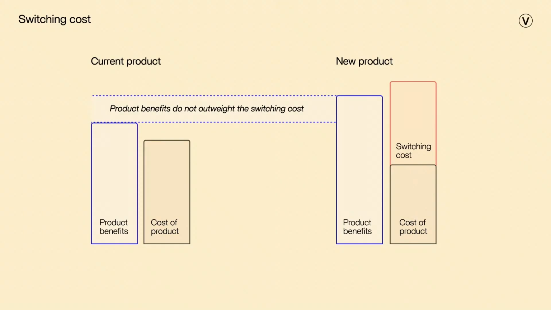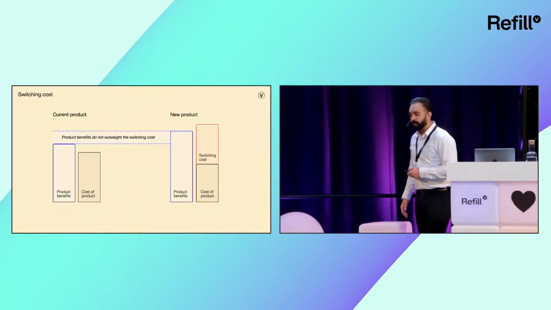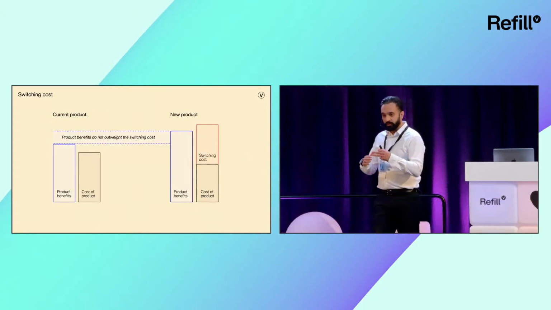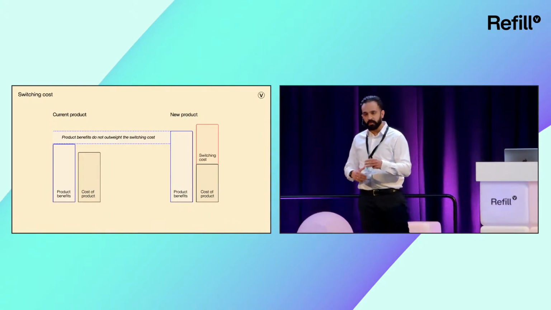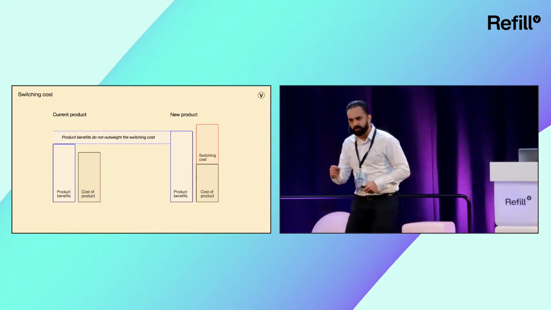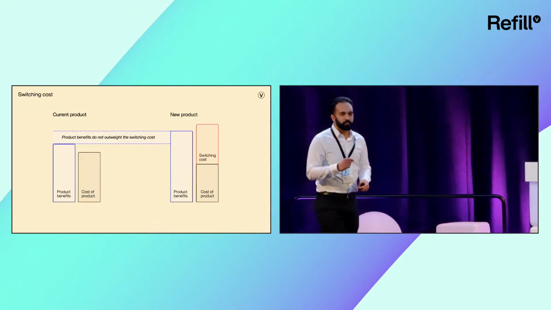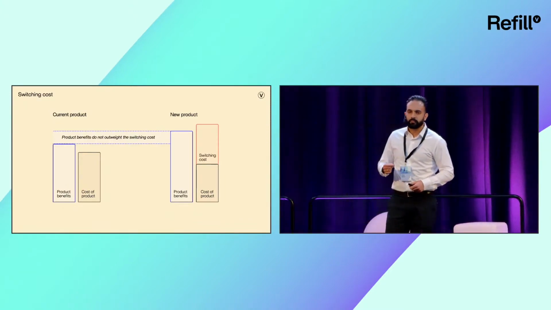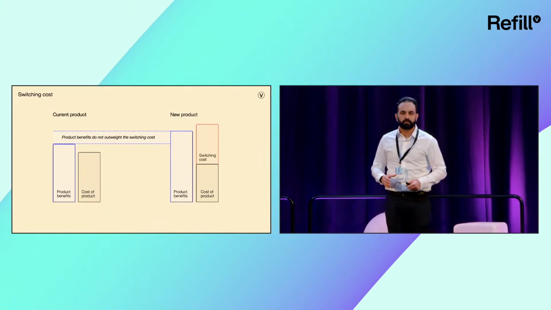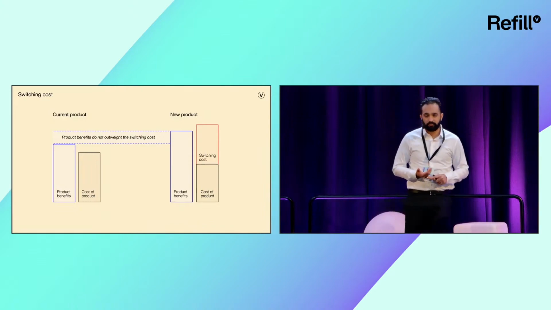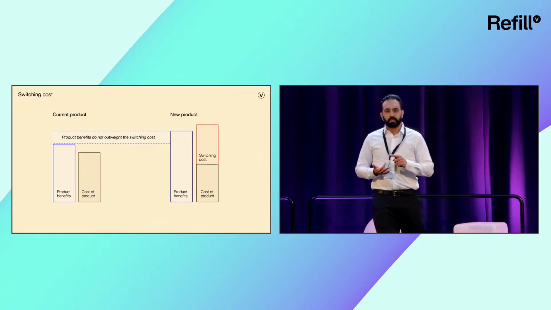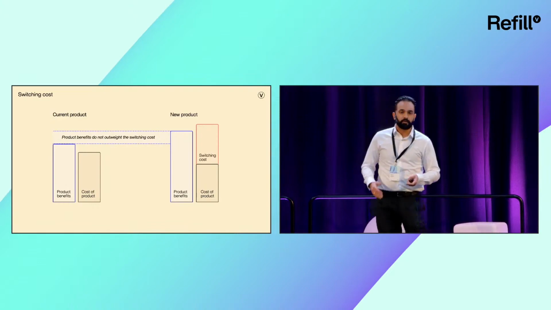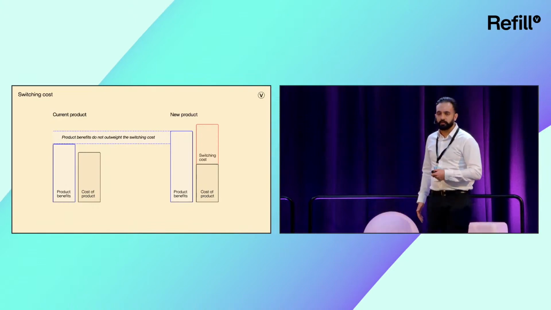And then there comes this new guy who has a new product with good benefits, and the product cost is low, but the switching cost is high. It doesn't give you the benefit of moving to a new product because of the switching cost. It could be time, it could be the effort, it could be moving your data from the current product to a new product.